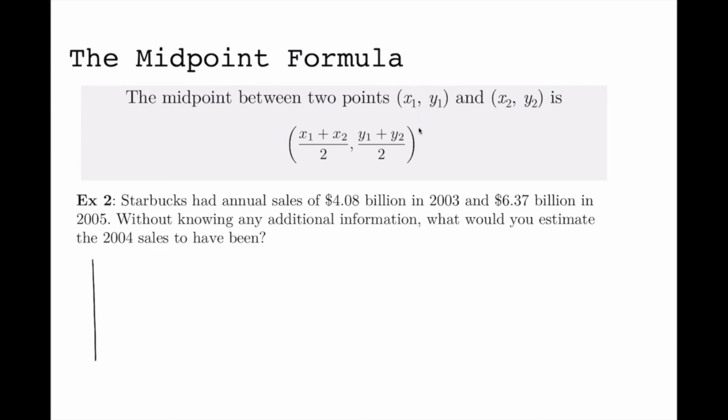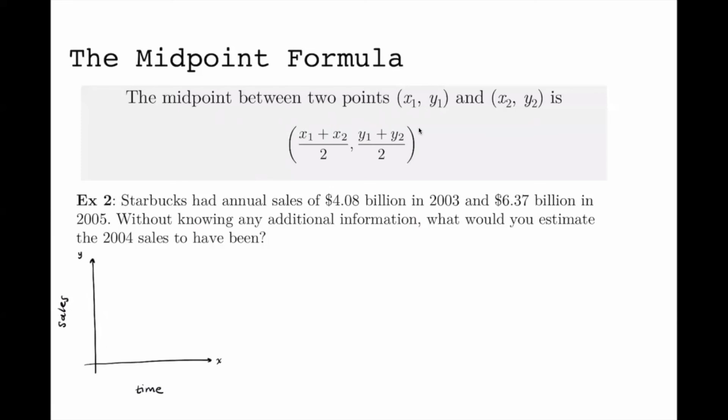Again, we only need positive axes here. We only need the first quadrant. We could label these X and Y, but since this is an applied situation, we probably want to label our axes with units. So let's say this is time on the bottom, and then sales, or money, on the vertical axis.